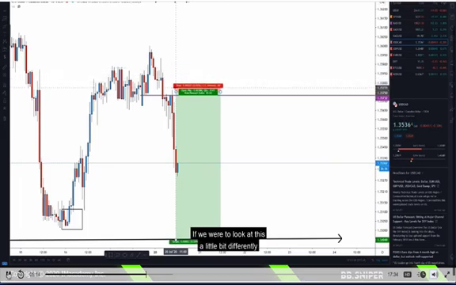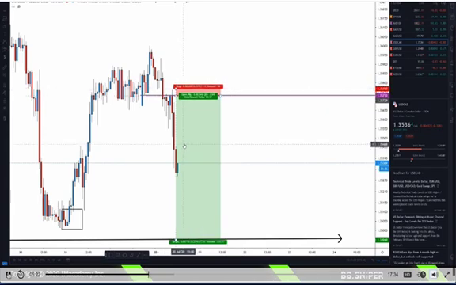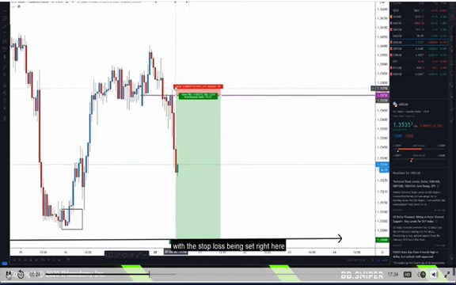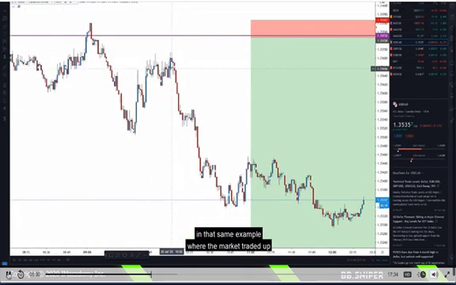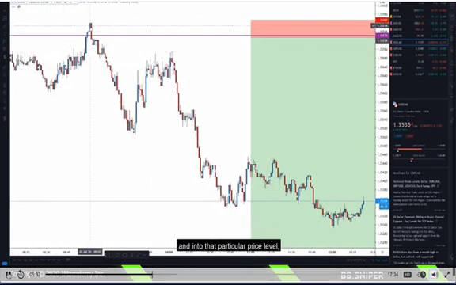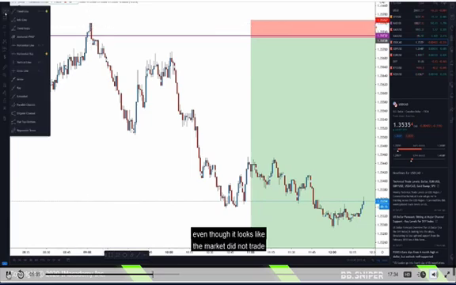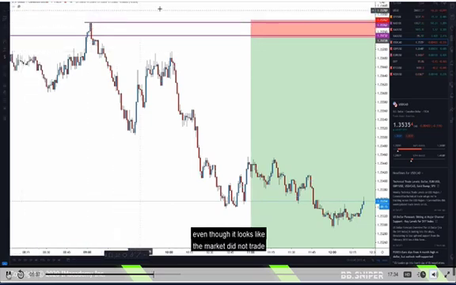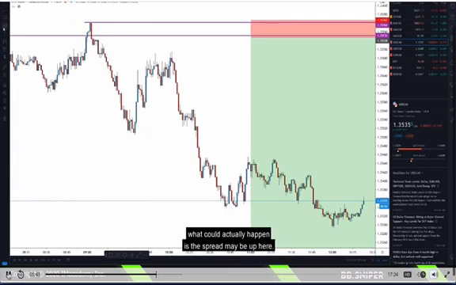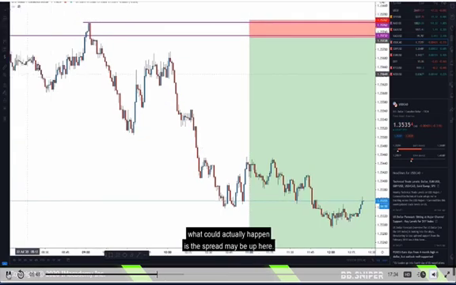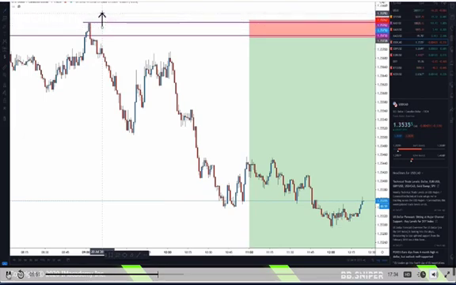If we were to look at this a little bit differently and say that the trade was set up like this, with the stop loss being set right here in that same example where the market traded up and into that particular price level, even though it looks like the market did not trade to where the stop loss would have been set in this hypothetical example, what could actually happen is the spread may be up here.